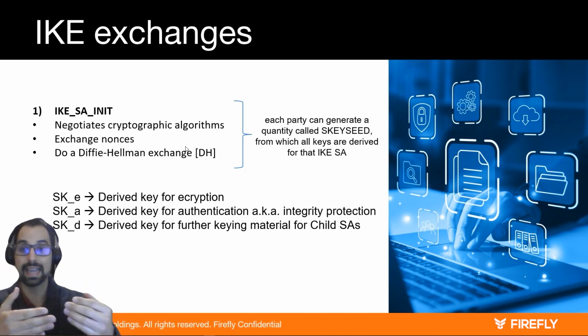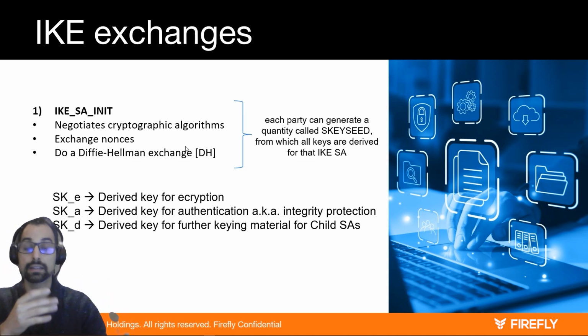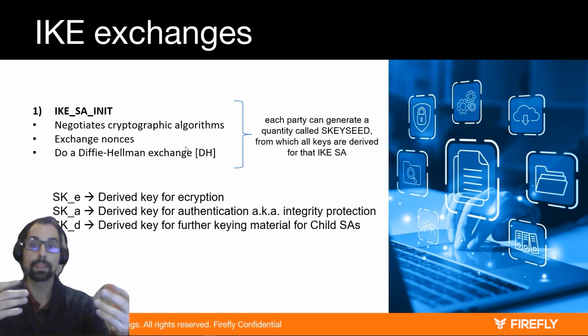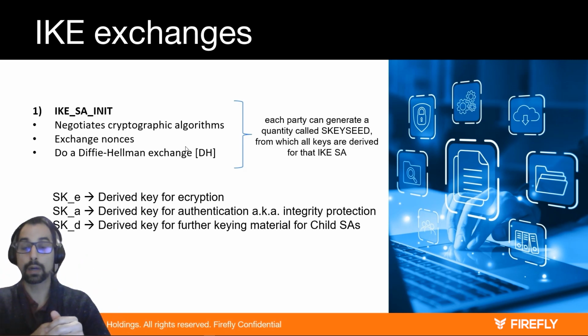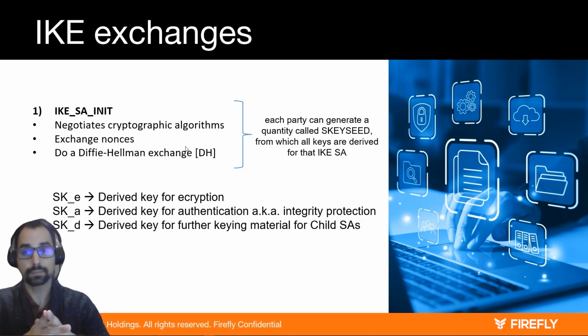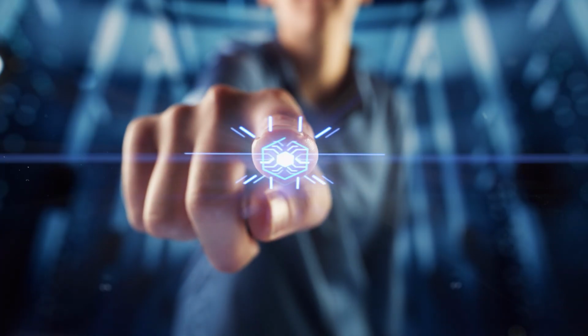Then SK_a, we're going to use that for authentication and integrity protection, so to sign our messages. And then we're also going to use this SK_d, to derive key material for our second security association, the IPsec child security association.